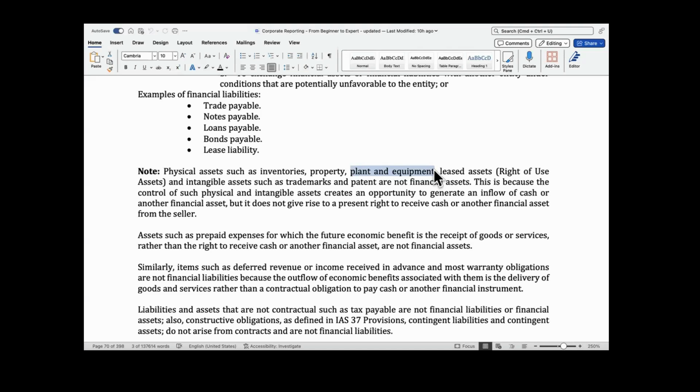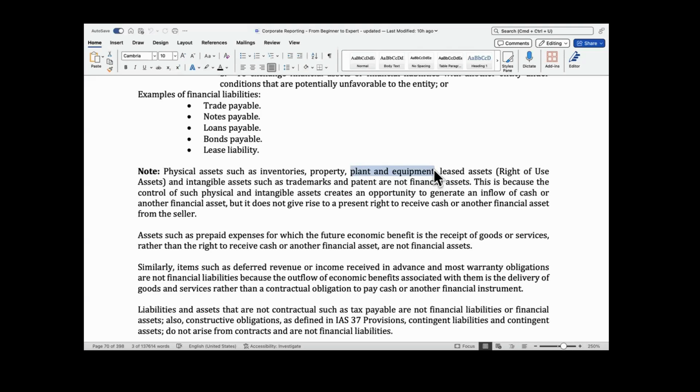Financial assets give you the right to receive cash, meaning you don't have to work. You don't just do anything, you just sit down, money will flow in. That is a financial asset. With a physical asset like inventory, you might be tempted to think that items you are holding for sale are a right to receive cash. No, it's not, because if you don't sell that inventory, you will not get money. You need to make serious effort to sell inventory, and some can even remain unsold.